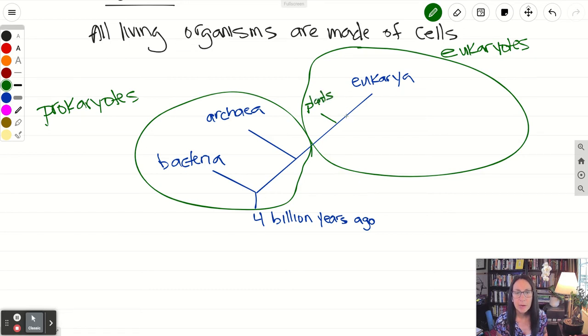And then fungi evolved, and fungi are their own category. They're not a plant. And then animals evolved. When you think of living organisms, you can put them in any of these categories. So this is like the tree of life.